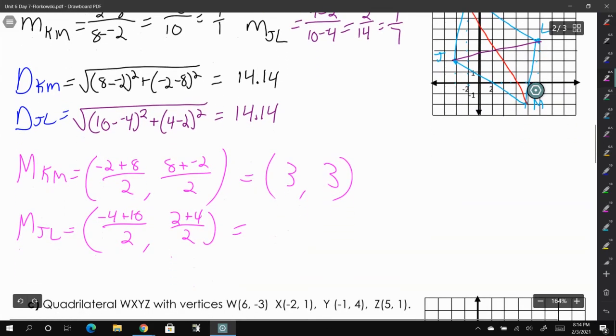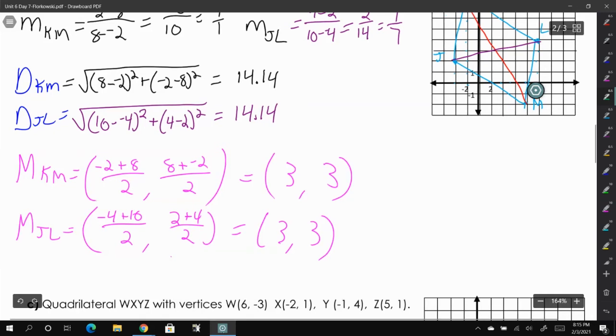So -4 plus 10 is 6. 6 divided by 2 is 3. 2 plus 4 is 6. 6 over 2 again is 3. So they have the same midpoint, which means that the diagonals bisect each other. So if you remember from our table, if the diagonals bisect each other and the diagonals are congruent, that means we have a rectangle.